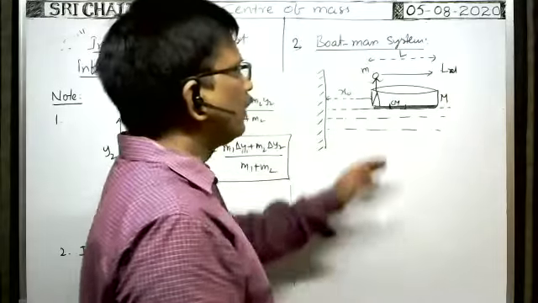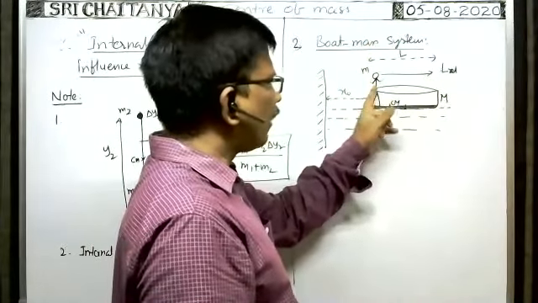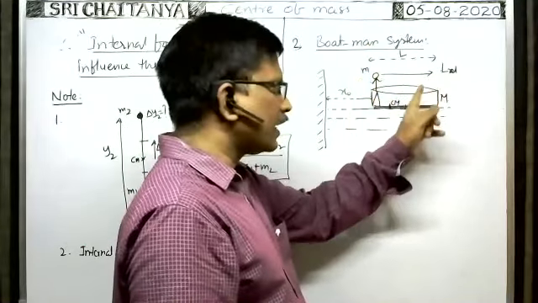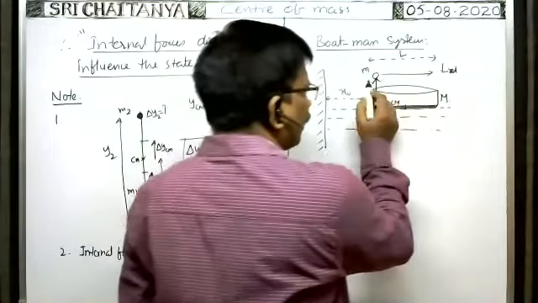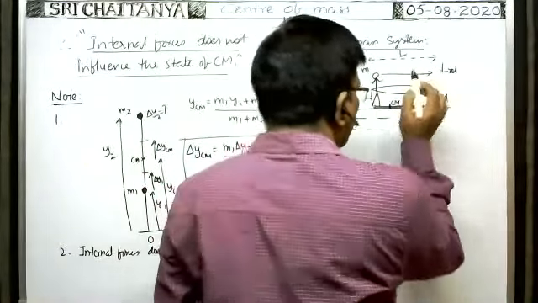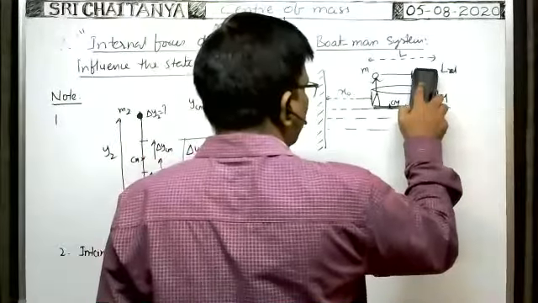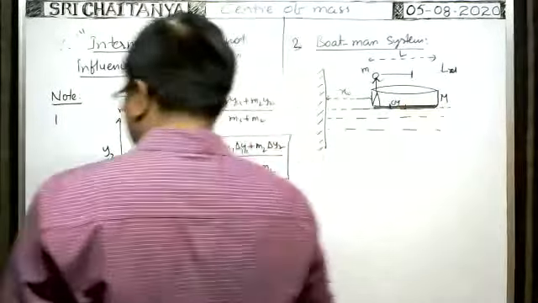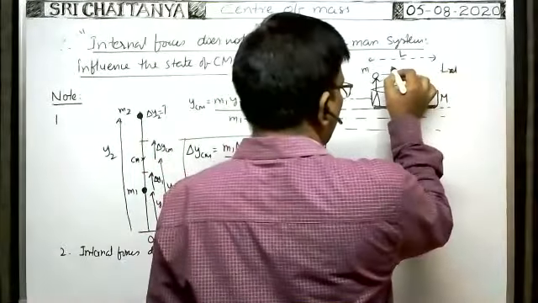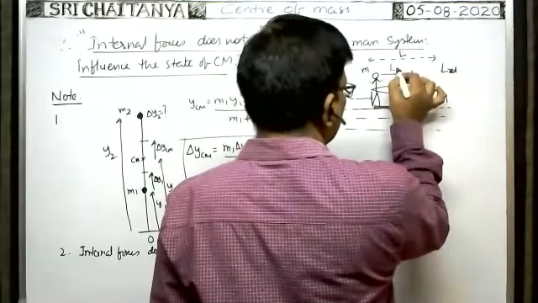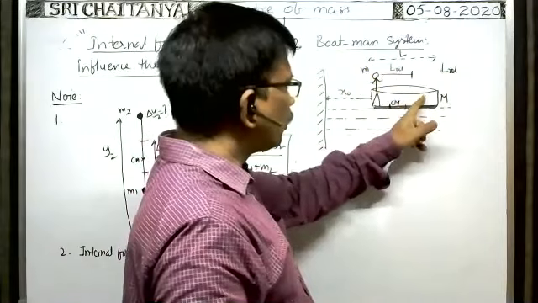If the man travels from one end to the other end inside the boat, then the relative displacement is equal to L. If the man travels only up to a certain distance inside the boat, up to this point, then L relative is this one. L relative means the relative displacement of the man with respect to the boat.